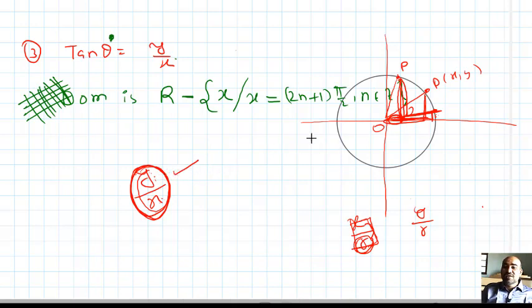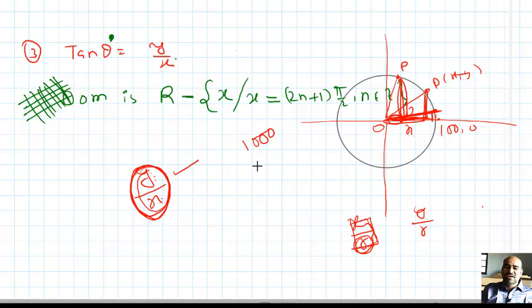So how can you say any real number? For example, the radius of the circle is taken as 1000 units. What is this point? 1000 comma 0. This P is taken as x comma y, so this is x, this is y. Your x is less than 1000, your y is also less than 1000. But sometimes x is greater than y and sometimes y is greater than x.